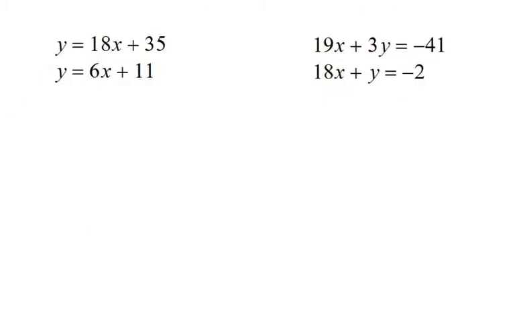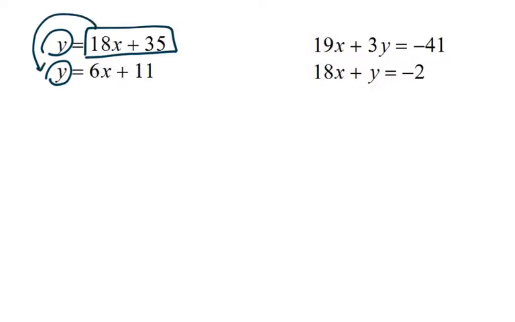Let's try another one. This one's a little tricky because the y's are both isolated, right? So you're just pretty much plugging in this box into this side of the equation, creating a two-sided equation, which is fun. So 18x plus 35, that's not a 5, equals 6x plus 11.